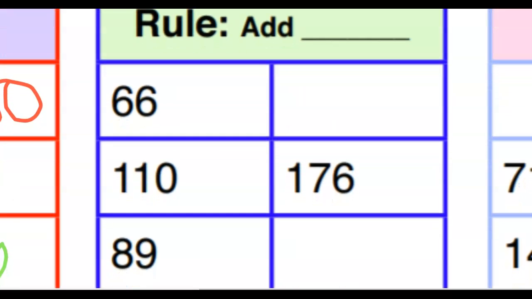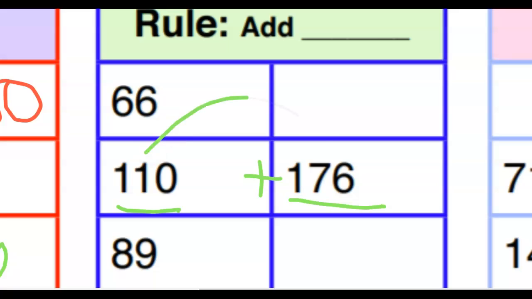For this one, we have to find the rule. So that means from here to here, what do I have to do? From in to out, what do I have to do? So it looks like it's going from a smaller number to a larger number. So that means that I am going to add.